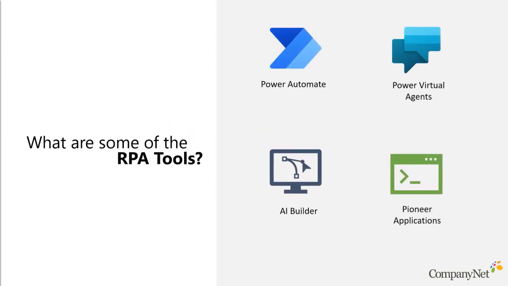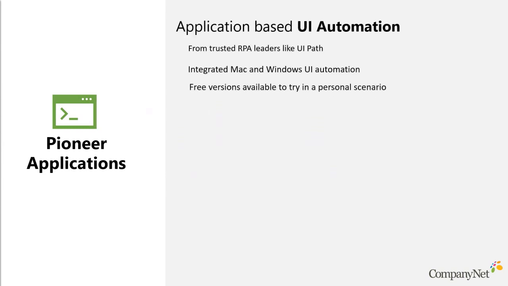And then finally, pioneer applications. So basically application-based UI automation. So you have an application like Power Automate Desktop on your laptop, your hardware, or your virtual device if you're using Windows Virtual Desktop.